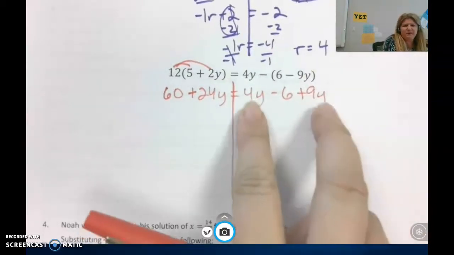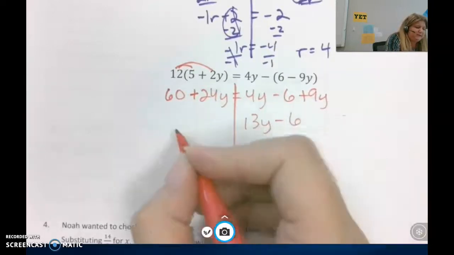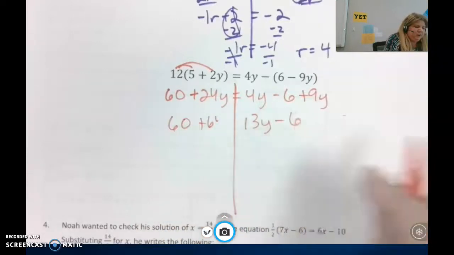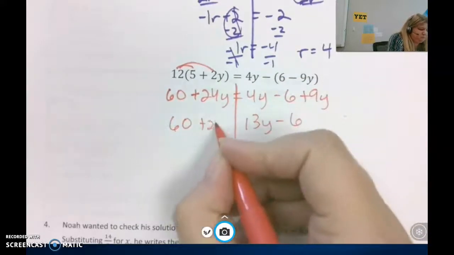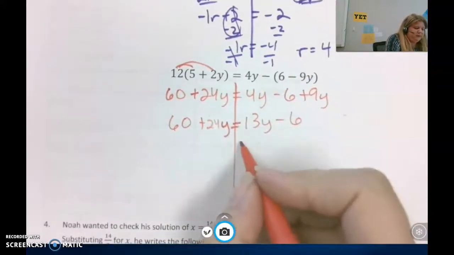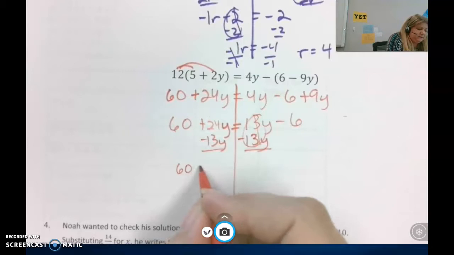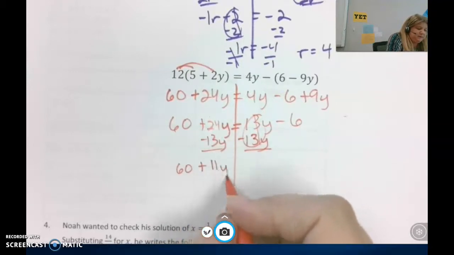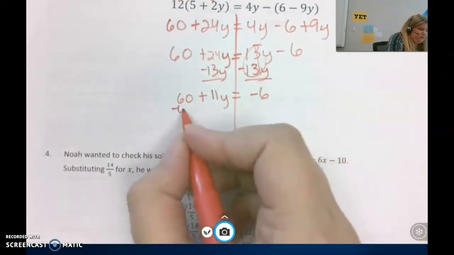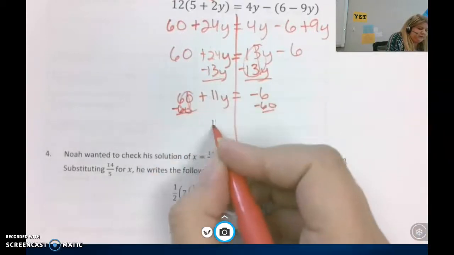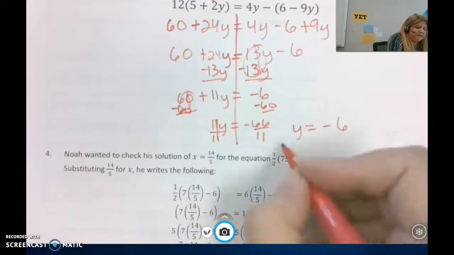Now this time I do have some like terms to combine. 4 plus 9 is 13y minus 6. Then I'm going to move all my constants to one side and my variables to the other. So 60 plus 11y equals -6. Subtract 60 from each side. 11y is -66. Divide by 11, and y is -6.